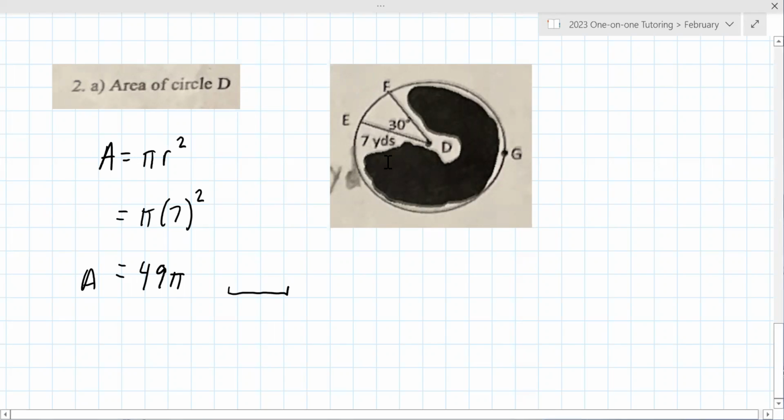You just told me the radius is in yards, so it's yards squared. Good. This is the exact answer. It's exact because it has a pi in it. That's one reason. All right. Now, what's the approximation?